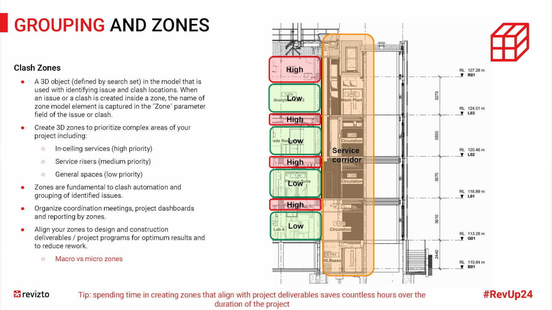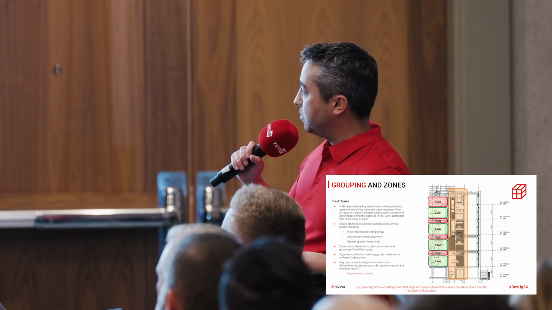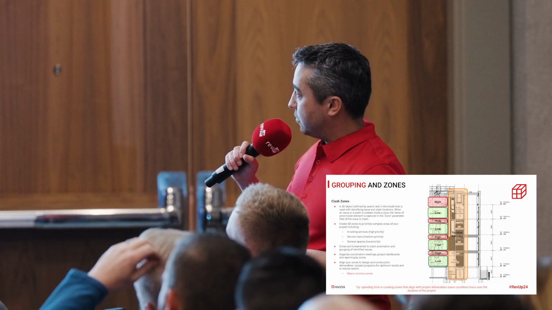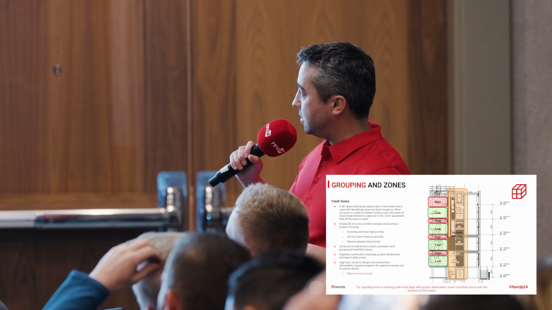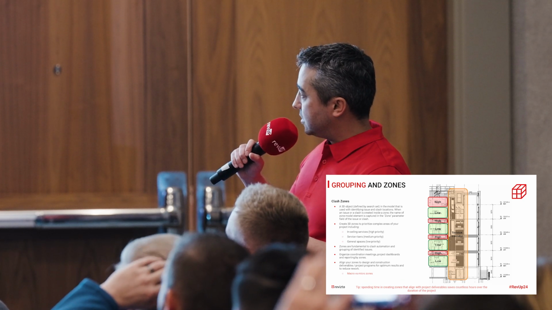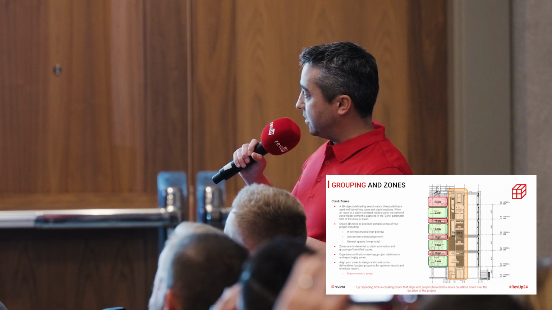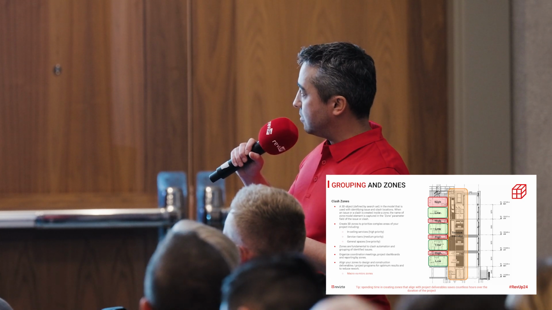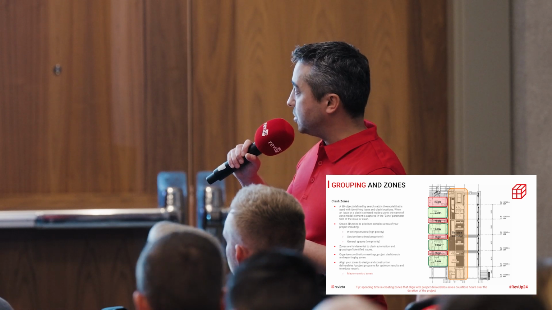Zones is really a great way to filter your data and really figure out what has the highest priority, for example. You can use that at a micro level or a macro level. In this example, it's more micro because you can see it's specifically looking at zones for service corridors, things above a ceiling, things that might be inside the unit, and you'll basically assign a priority level to really figure out where the most important issues are that I actually want clash automation to detect.